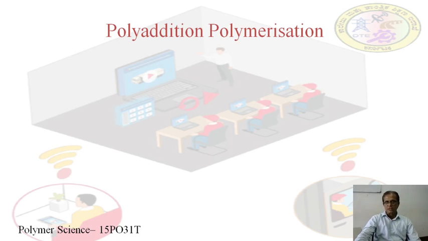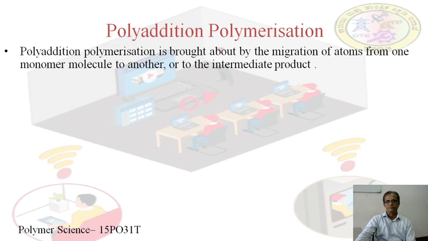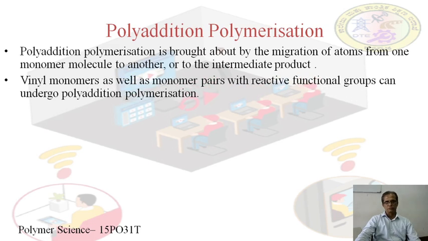Now let us discuss another type of polymerization reaction, that is polyaddition polymerization. It takes place by the migration of atoms from one molecule of monomer to another molecule of monomer, or the migration of atoms will take place between intermediate products.